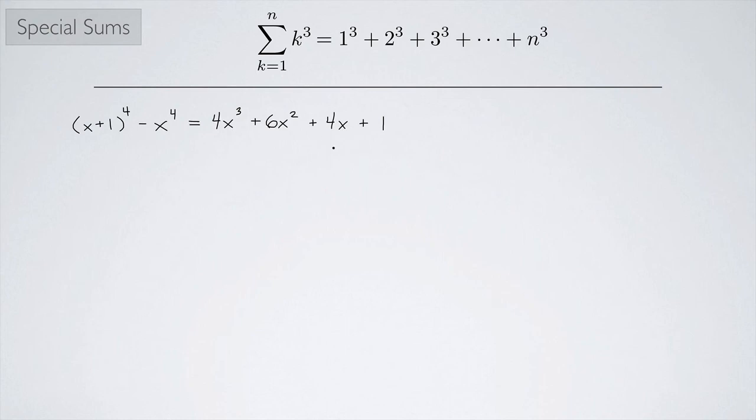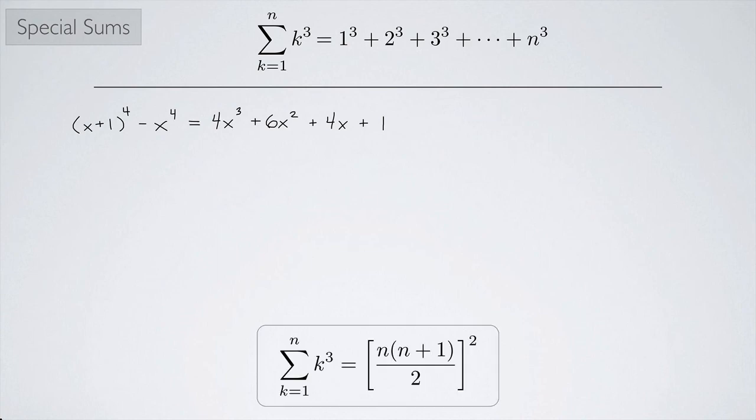And from there, you can do something very similar to what we did with the sum formula for k squared. So I'm not going to go through and do all this out. I think it follows in very much the same way. But eventually, if you were to solve all this, you would get this formula right here. So a good way to remember this kind of looks like the formula that you had when we just looked at the sum from k equals 1 up to n of just plain old k.